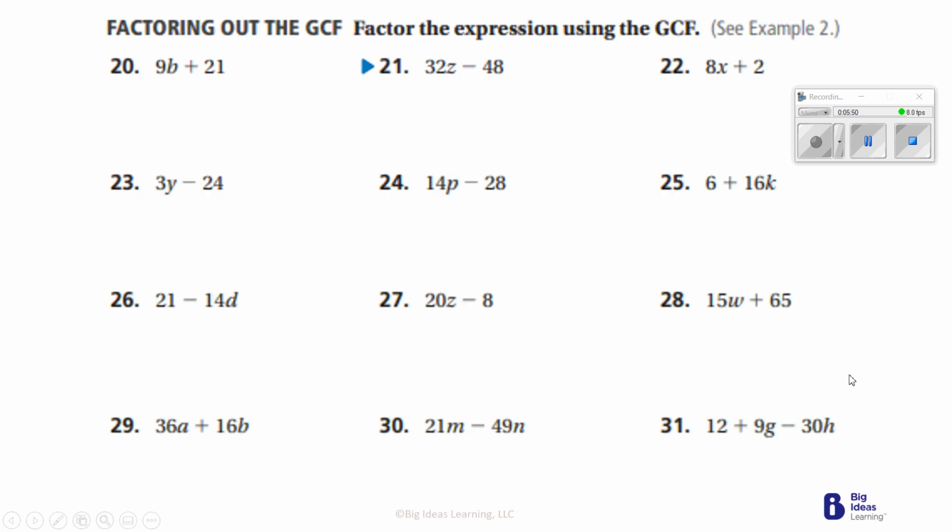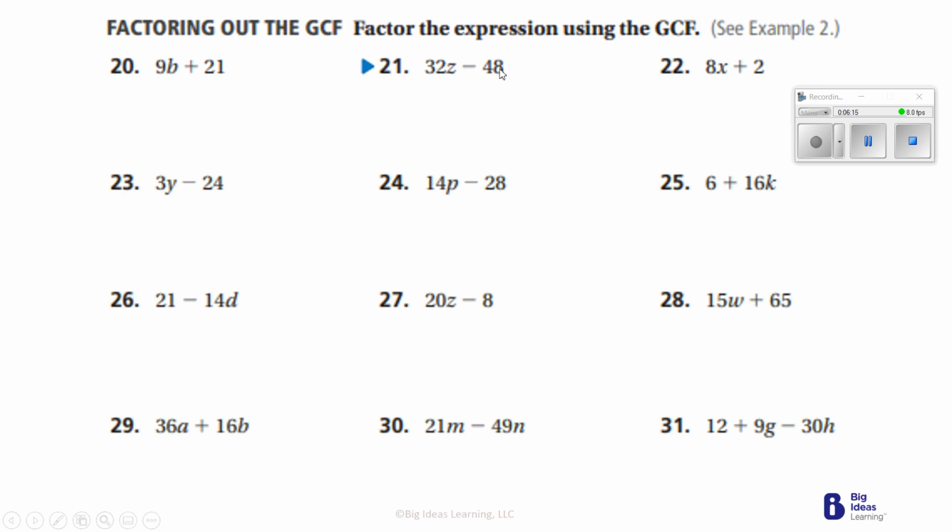Let's go to number 21. It says now find the greatest common factor. The biggest thing that goes into 32 and 48, I believe, is going to be, let's see, well, usually you break these down. What if I take 32 and divide it by 2, that would be 16. 16 times 3, I'm fairly certain is 48.